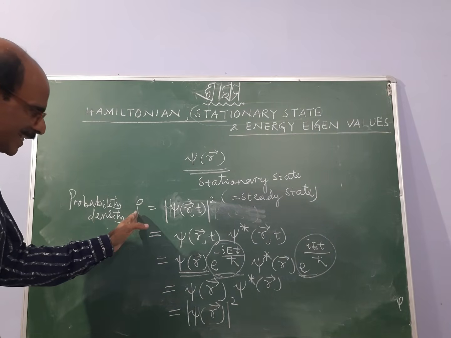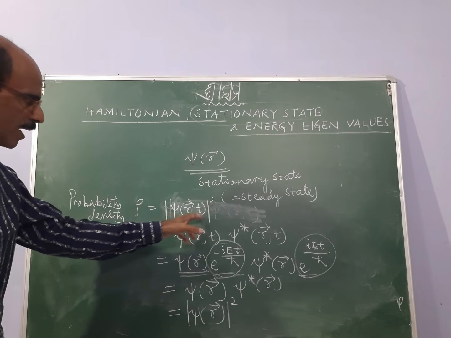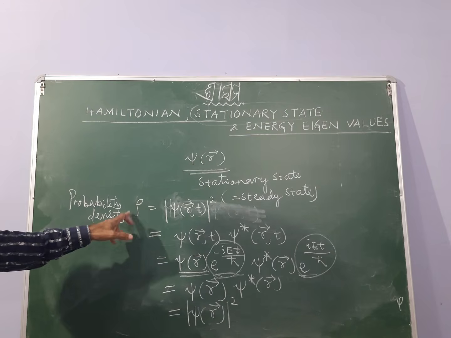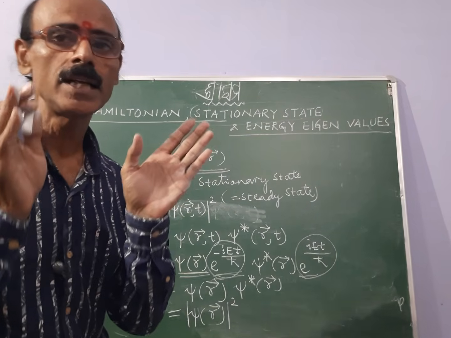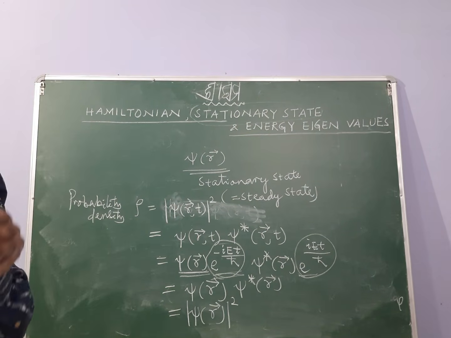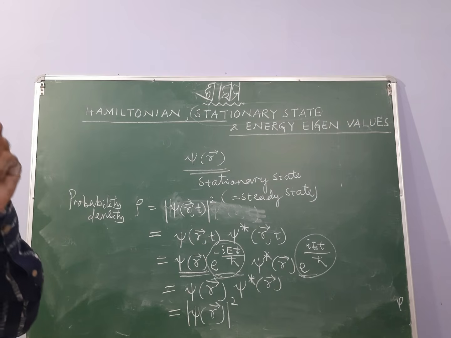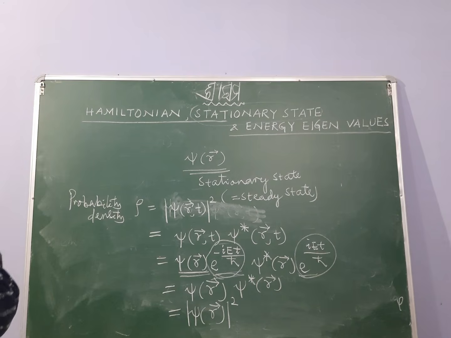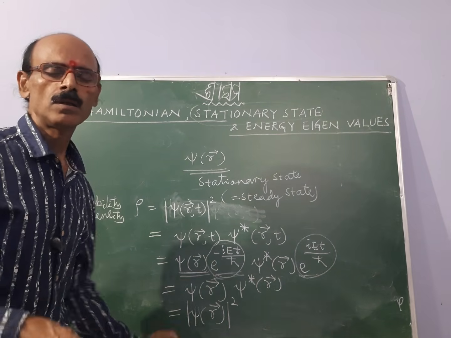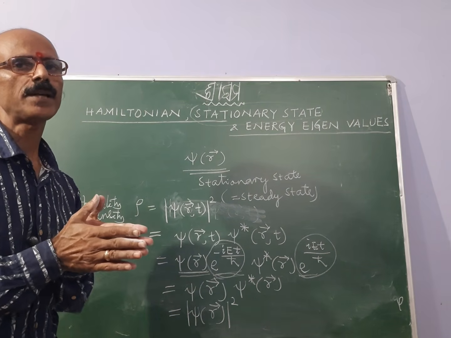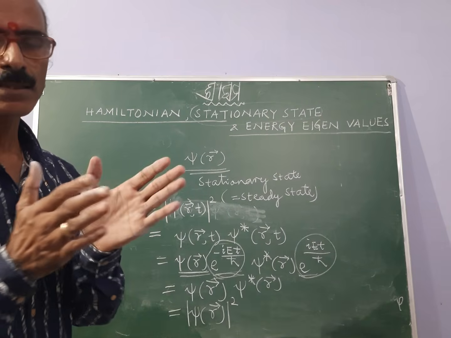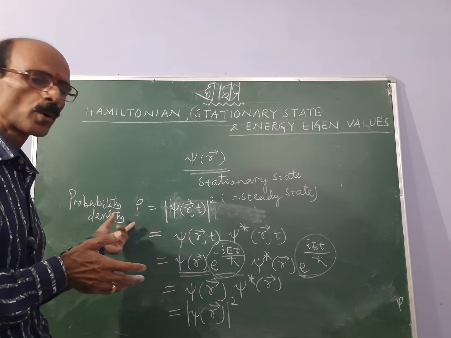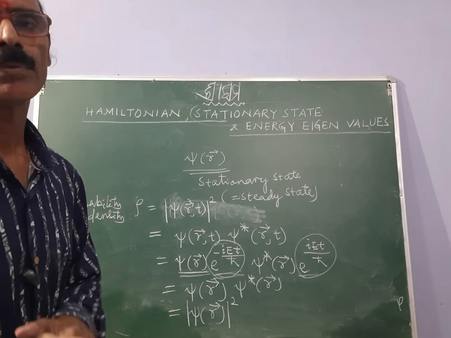So the probability density of psi r t square is the same as psi r square. That means here the probability density is independent of time. The statistical distribution of position and momentum of the particle is independent of time. So a stationary quantum state means that the probability density is independent of time.